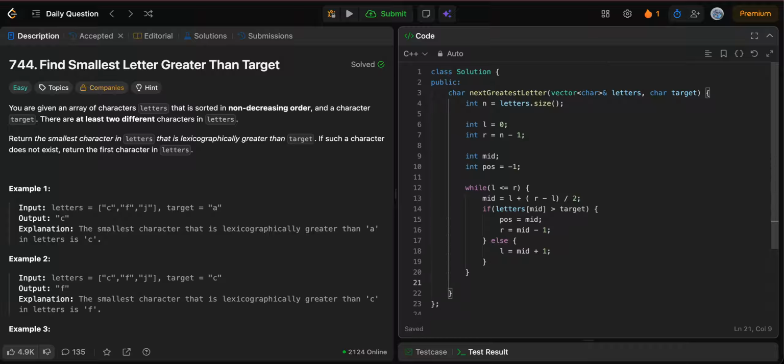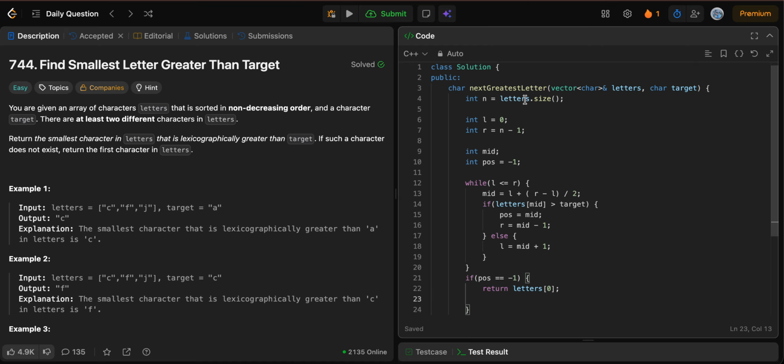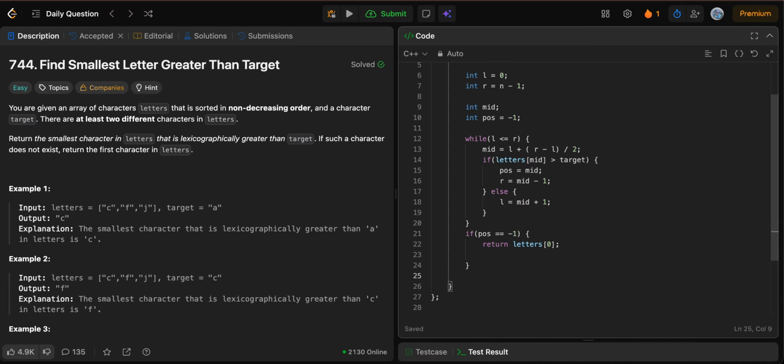At the end, if position is equal to minus 1, which means we didn't find any smallest element, so return letters of 0, the first element. Otherwise, we just return letters of position, got it.